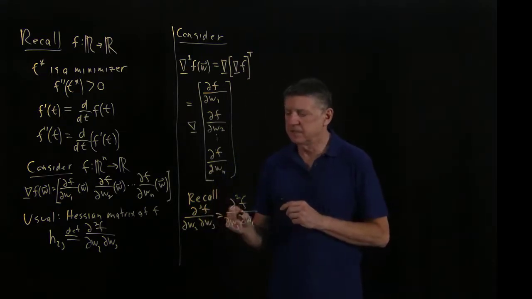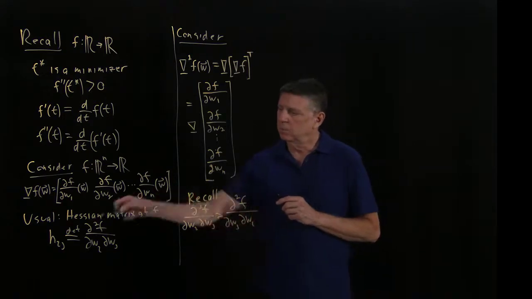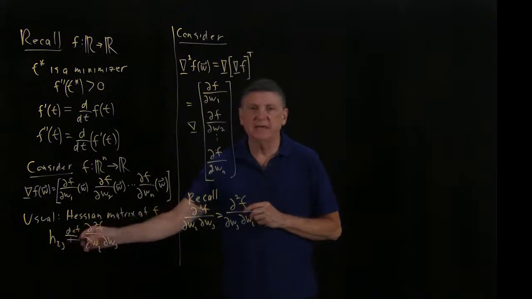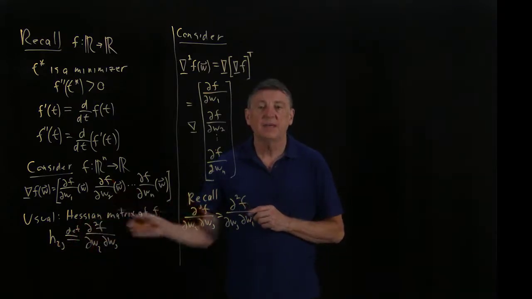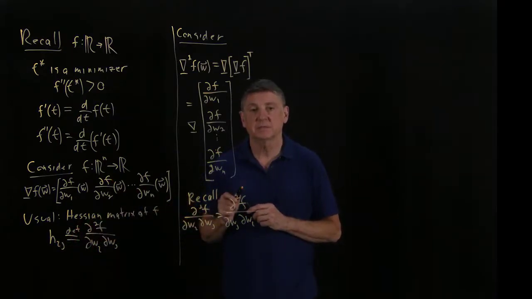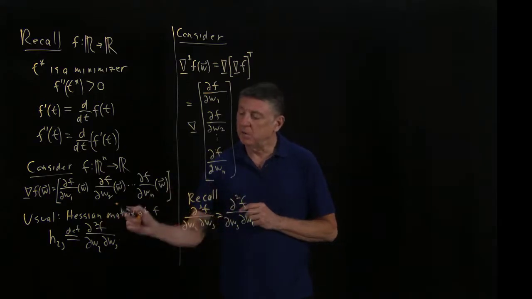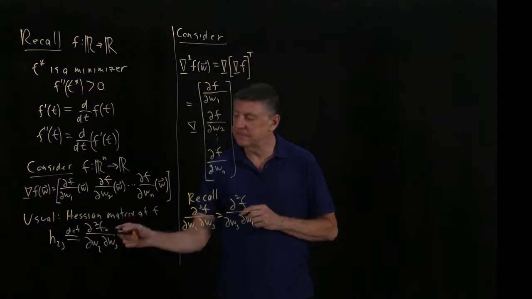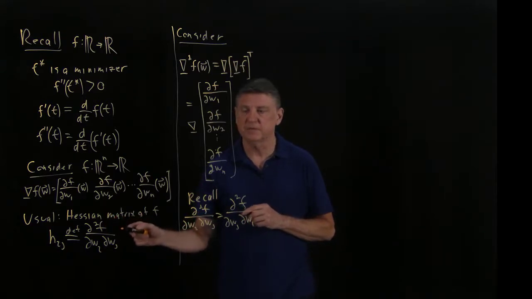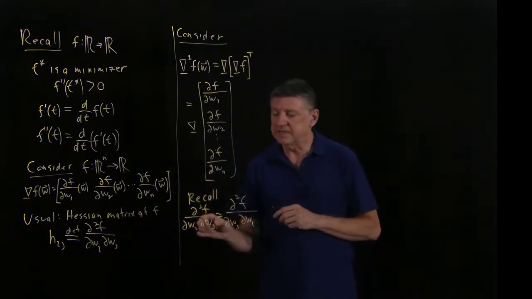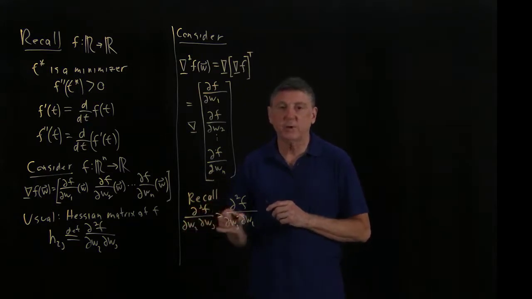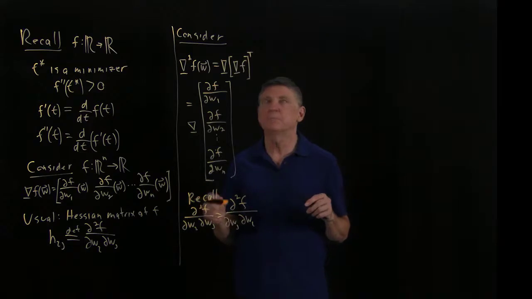And because of this, the Hessian matrix entry ij is entry ji, and that means it's a symmetric matrix. So now I can see ahead that I'm going to be building a symmetric matrix. With this, I can write these entries in whichever way is most convenient for me.